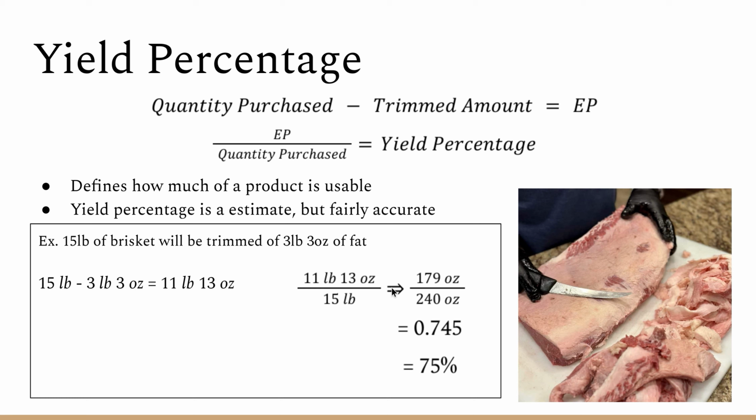And at this point, I see that I have multiple units of measure. I have pounds and ounces. So what I'm going to do is quickly convert all of this into ounces so it's a little easier to work with. I have 179 ounces divided by 240 ounces, which gets me 0.745. And then I'm just going to turn that into a percentage, and my yield is 75%.